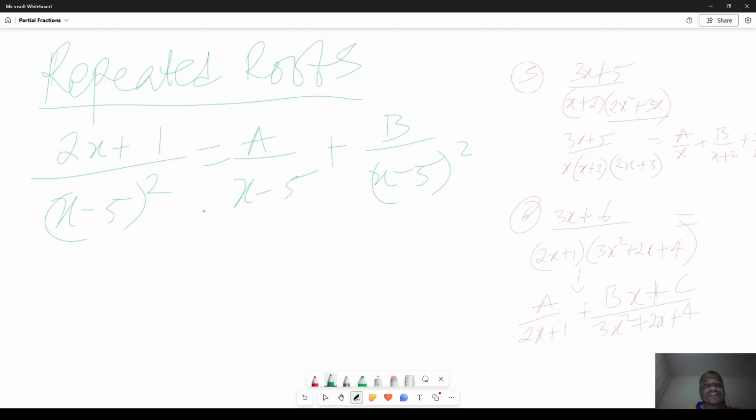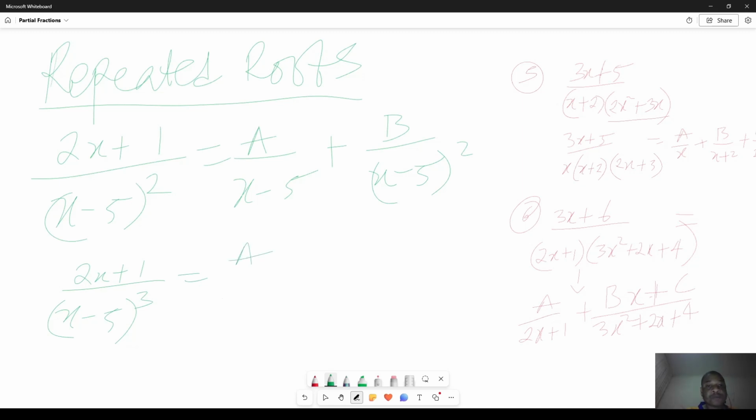Because you remember when I want to make a common denominator here, I have to multiply this by x minus 5. So you always increase the power from 1 until you get to the highest power. So it means if I have 2x plus 1 over x minus 5 to the power of 3, I have to increase it until I get there.